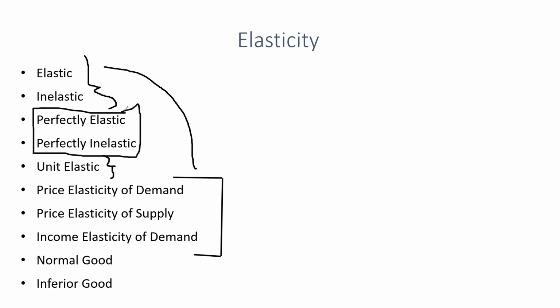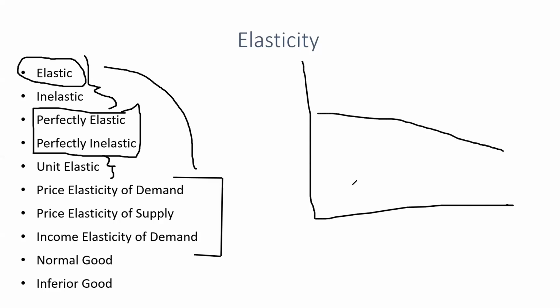So right now, how do we know if something is elastic? We can tell it through theory. We can simply say, well, a market where people react a lot, where people are very price sensitive, where there are a lot of options to choose from, a lot of variety, a lot of competition. You could also argue that your curve is flatter in nature.